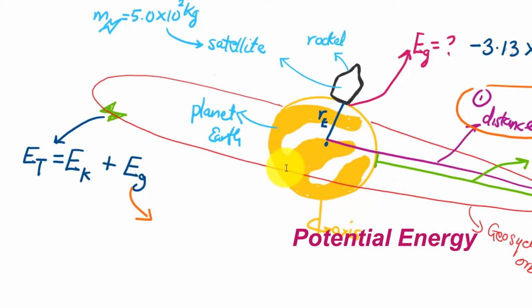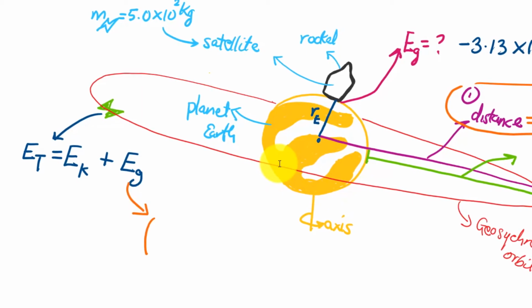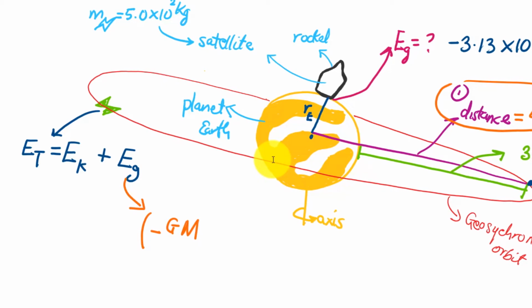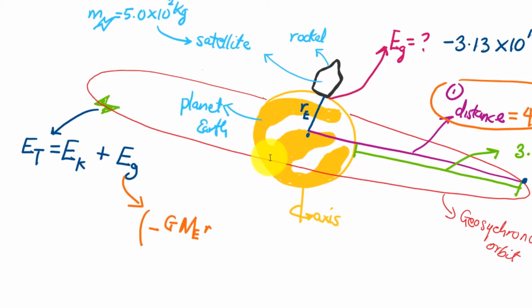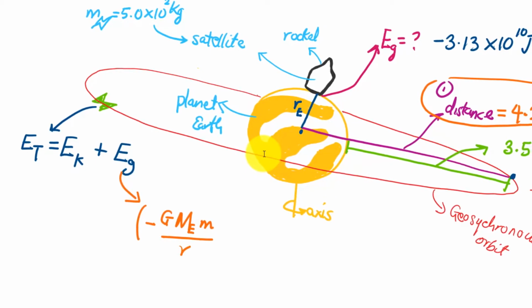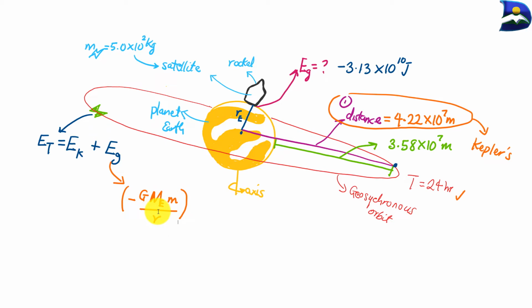This value is represented by the formula negative G multiplied by big M, the mass of Earth, multiplied by the mass of our satellite, divided by the radius of the orbit. This is what we're going to use.